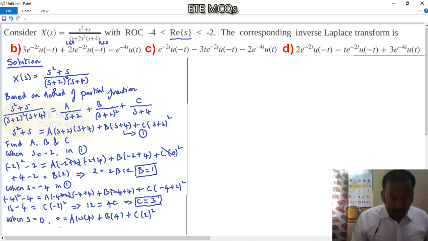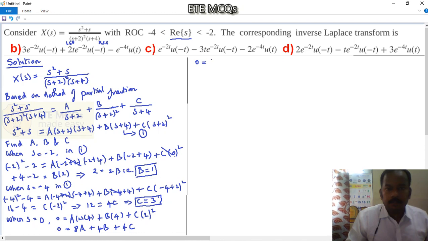So 0 is equal to 8A plus 4B plus 4C. Substituting B and C in this expression, we get 0 is equal to 8A plus 4 into B, which is 1, plus 4C, 4 into 3.